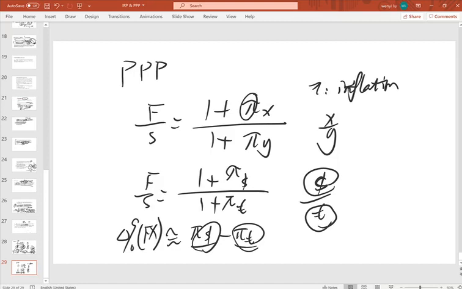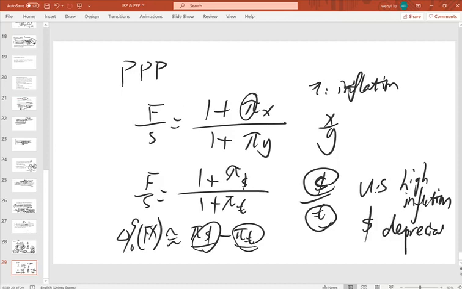More dollars. So if the US has a high inflation, the dollar will be what? Will depreciate. The euro will appreciate. That's our purchasing power parity.